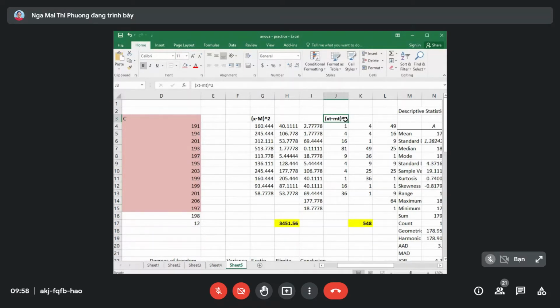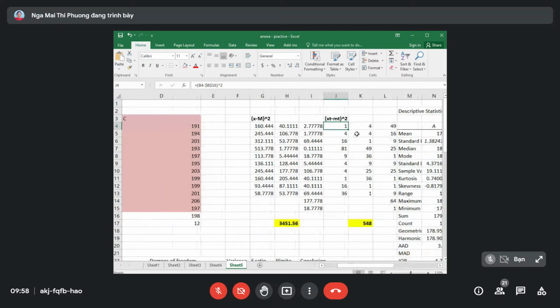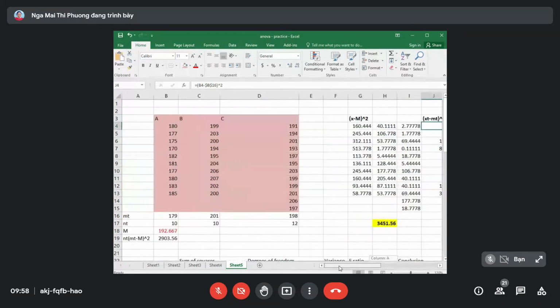Sum of square. So it is XT minus MT and square. What is XT? XT is the X. The same here. X is 180, 177, 175, etc. Minus MT. And what is MT? MT here.